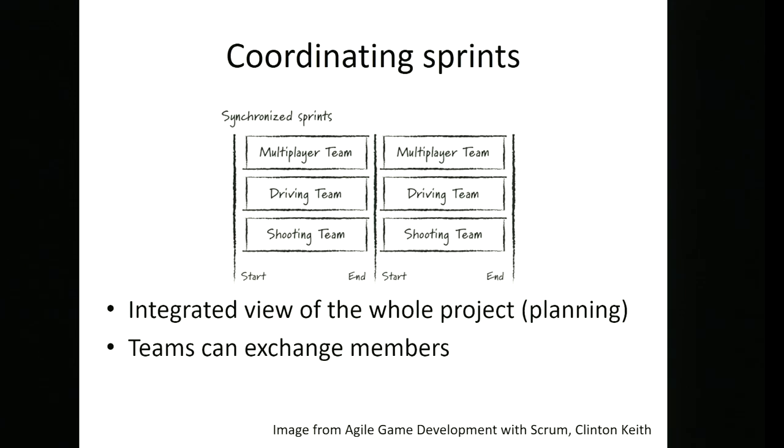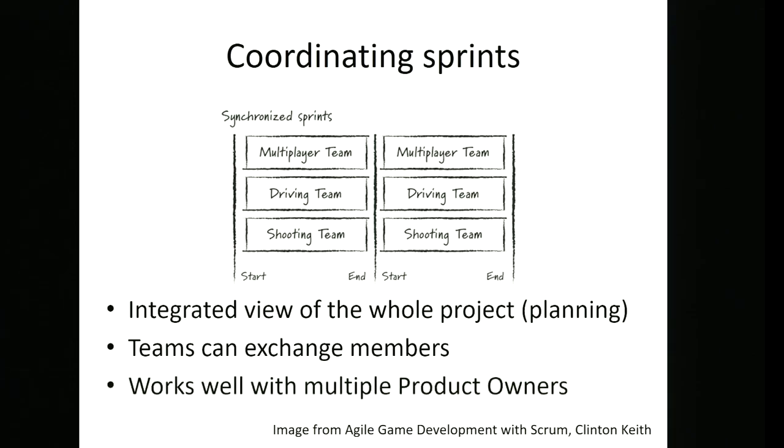But in this situation, we have good solid start and end points, and as we've discussed, what we're hoping for is that everything is in a good state at these points. So that's a good point to exchange team members. And as discussed with the last slide, this works well with multiple product owners, because they can all be in their teams for planning, and they can do some coordination amongst themselves around that.